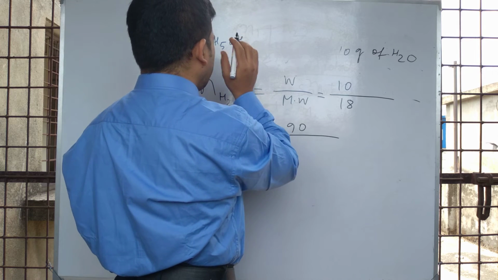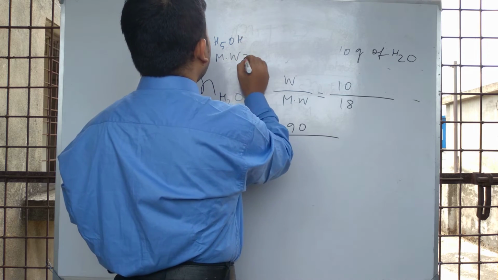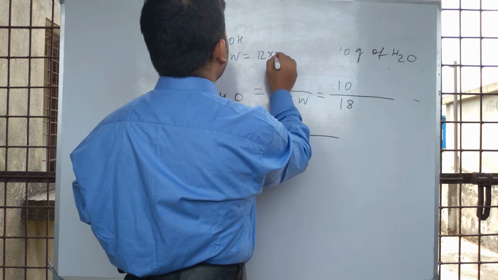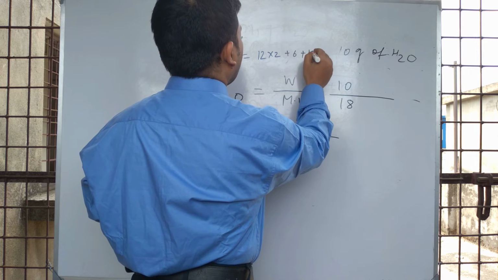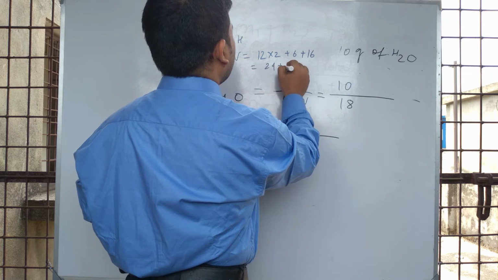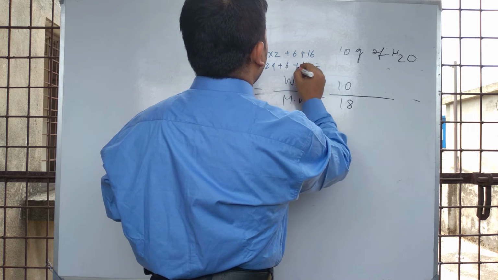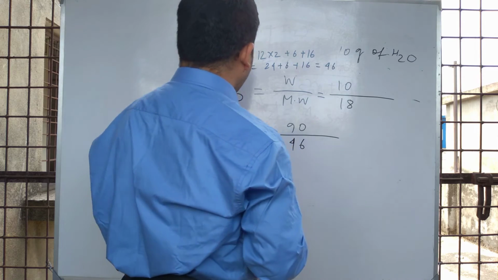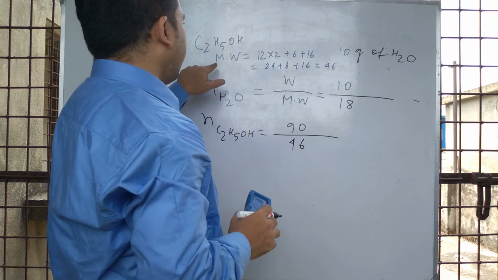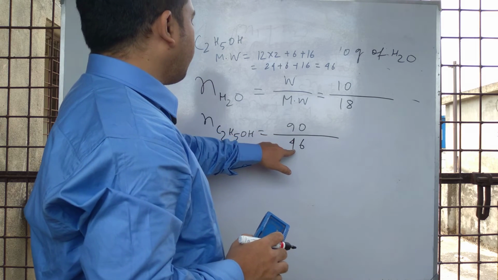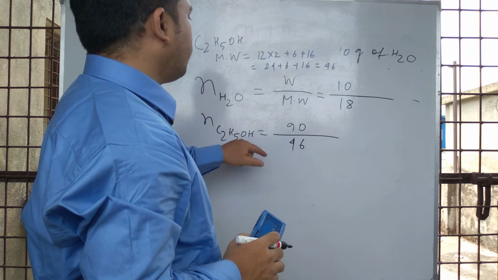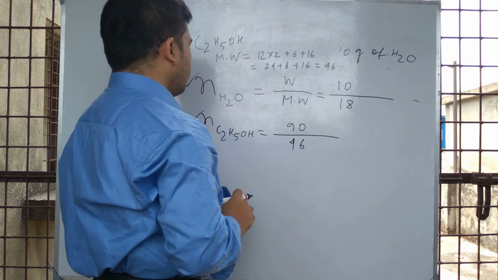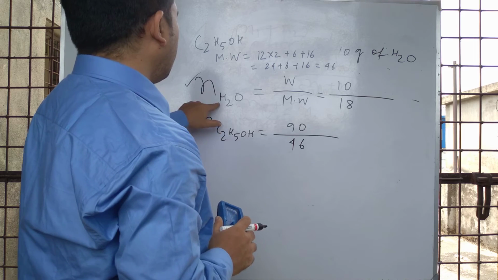The formula of ethanol is C2H5OH, so the molecular weight is 12 into 2 for the two carbons, plus 6 hydrogens and 1 oxygen: 24 plus 6 plus 16, that is 30 plus 16, which is 46 gram. So the moles of ethanol is 90 by 46.